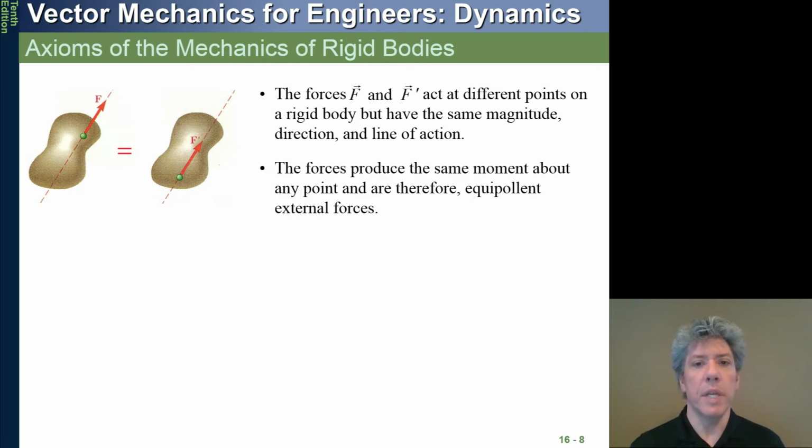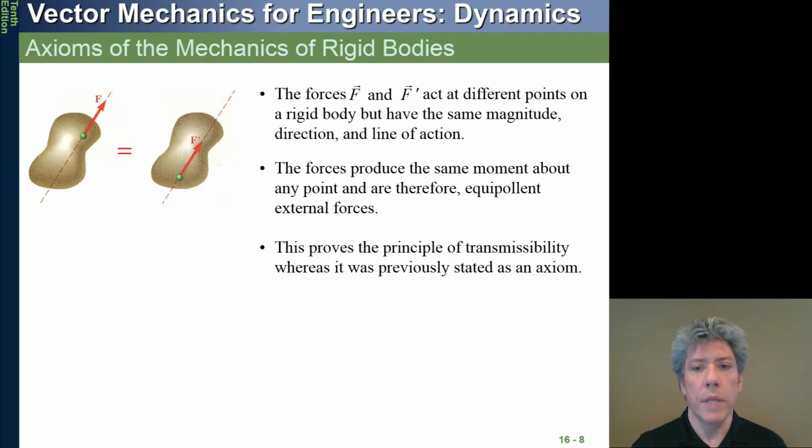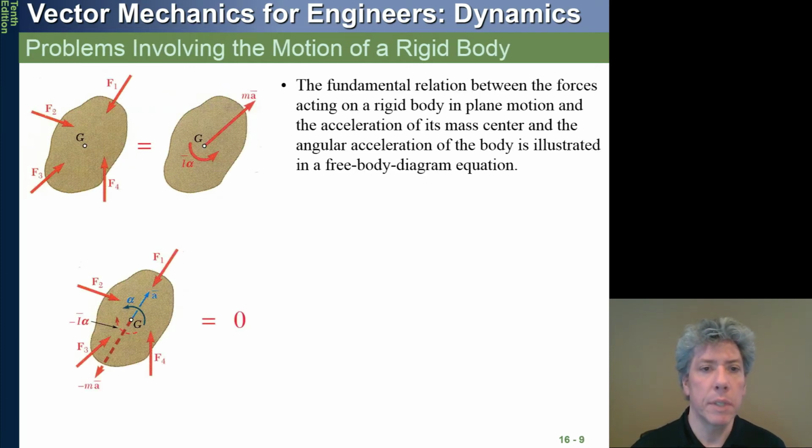And so these forces produce the same moment about any point on the body, and so they are equipollent to each other. So the idea here is that these forces are transmittable. You don't have to worry about that too much. It was built into what we were doing already. That's just something to be complete.